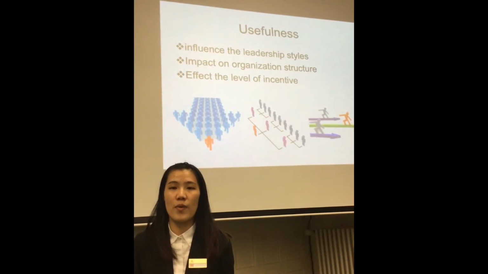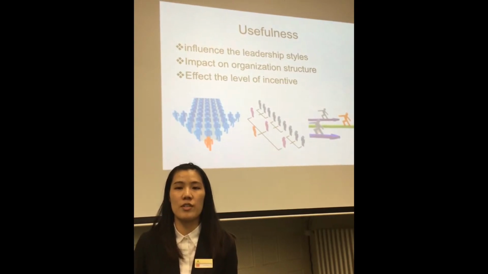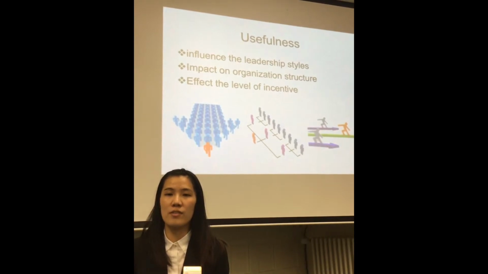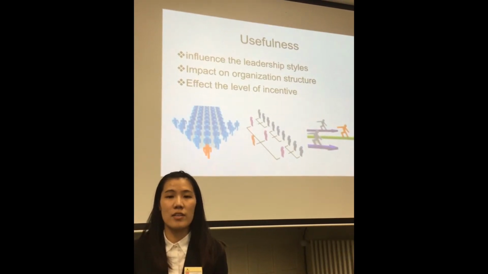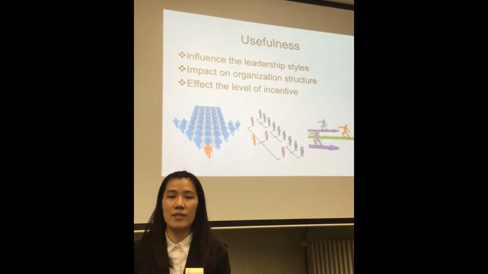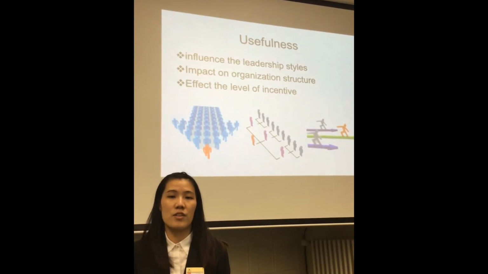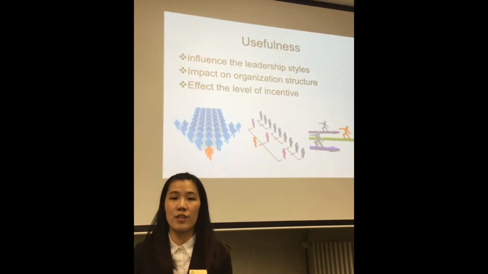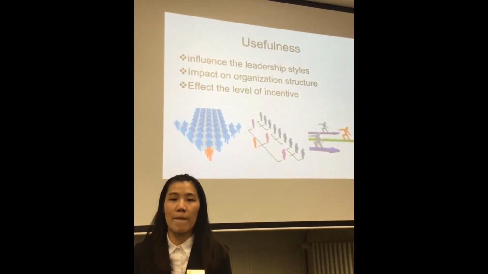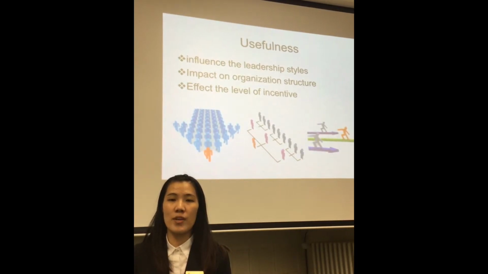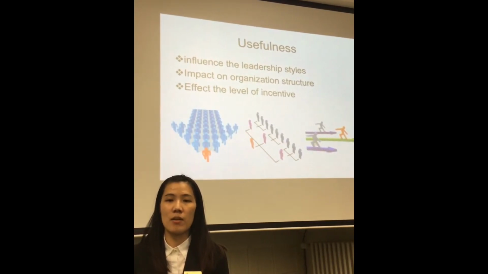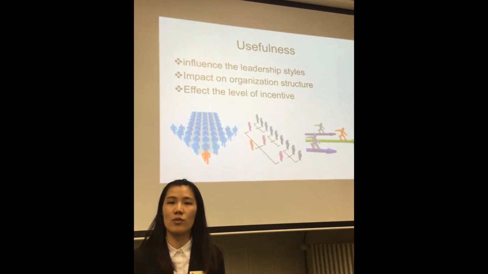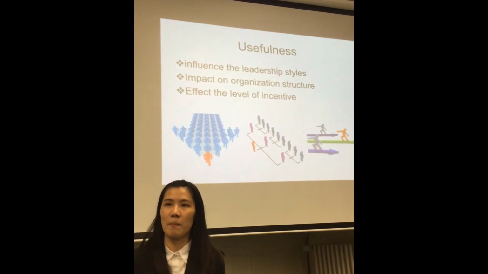For the enterprise organization structure, the biggest influence is uncertainty avoidance and power distance, and it affects the level of incentive. The biggest factor influencing the hospitality industry's incentive level is individualism and collectivism, uncertainty avoidance and masculinity and femininity. And Jenny will talk about the next theory.